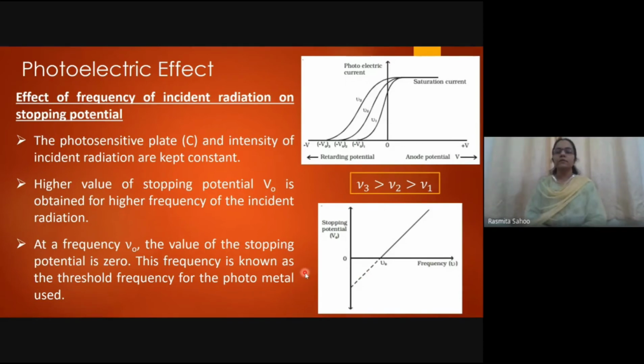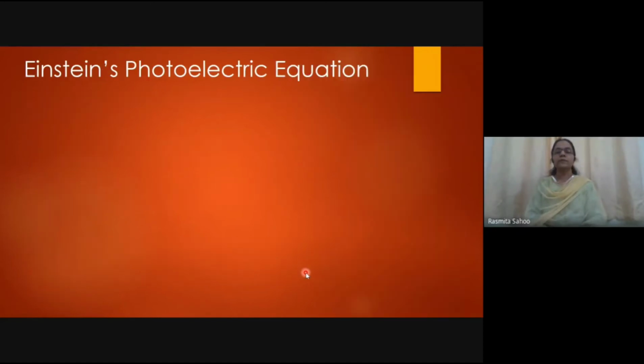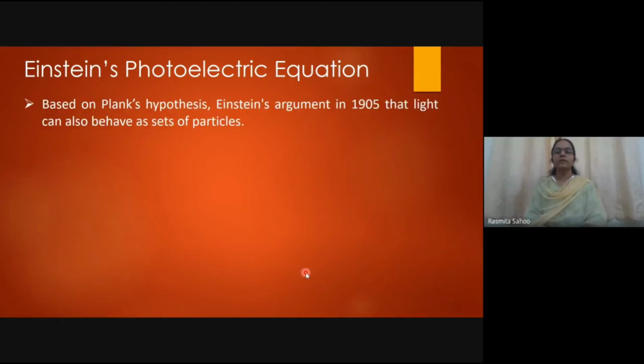Those theories were given by Albert Einstein, and the basis on which he developed them was nothing but Planck's hypothesis. Based on Planck's hypothesis, Einstein in 1905 developed some equations to explain these observations.